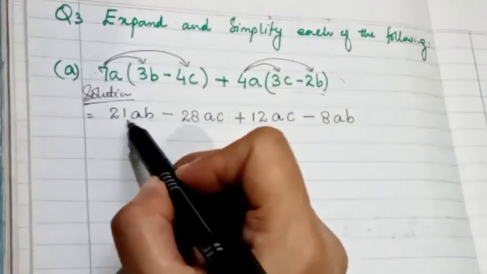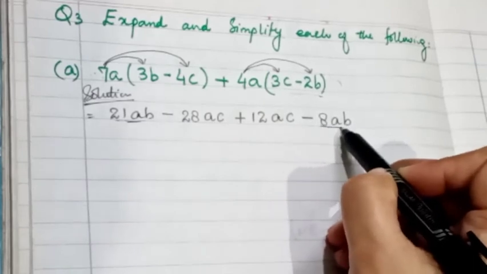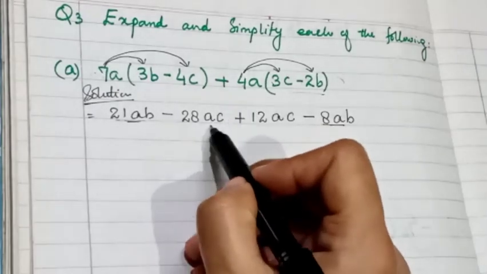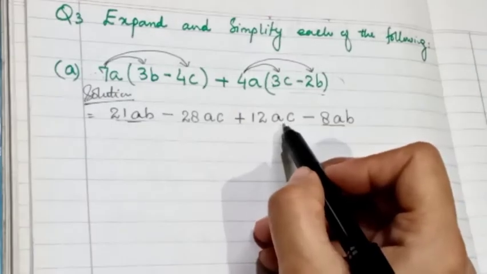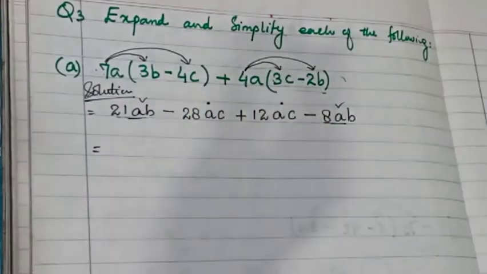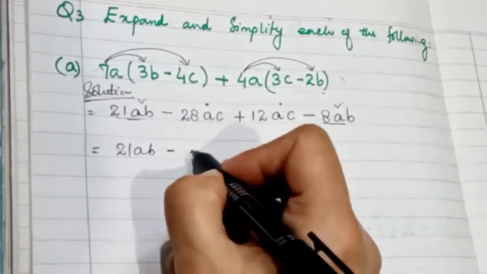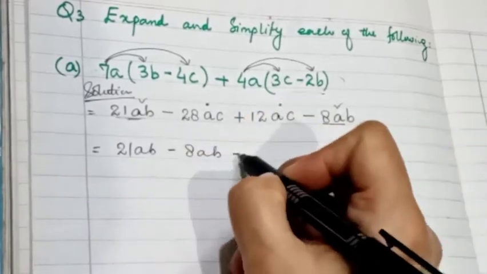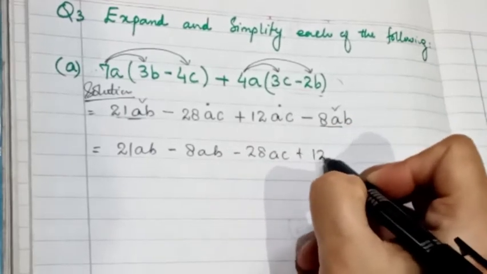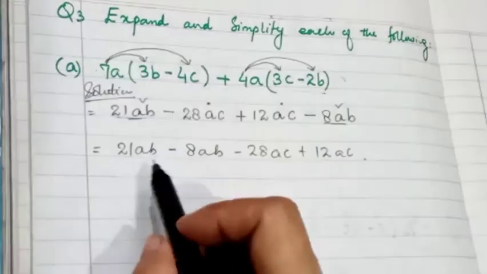We have 21ab and 8ab, these are two like terms, and 28ac and 12ac, these are also like terms. I am writing the like terms together. So first 21ab, another like term with ab is minus 8ab, then minus 28ac and plus 12ac, these are also like terms. So we have to simplify these like terms.